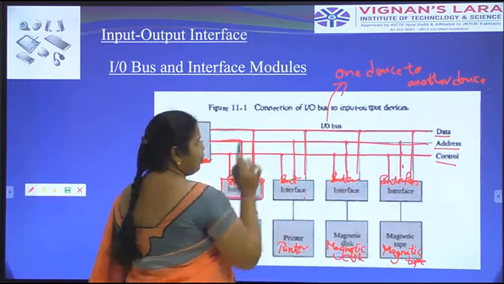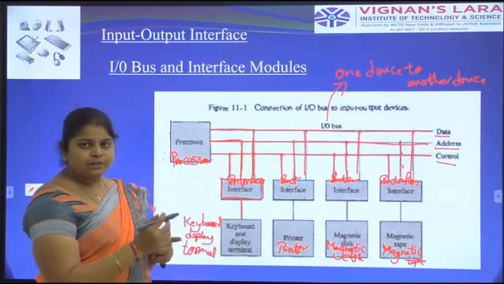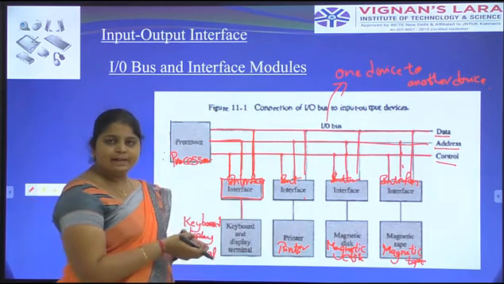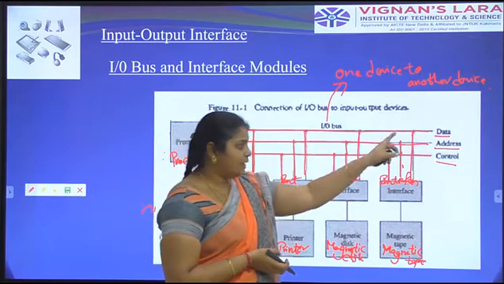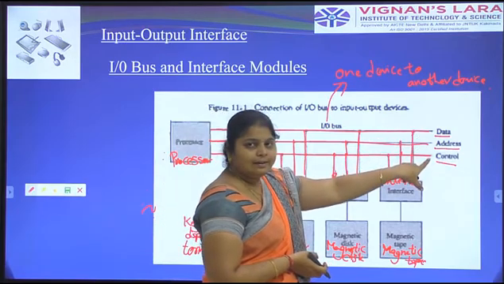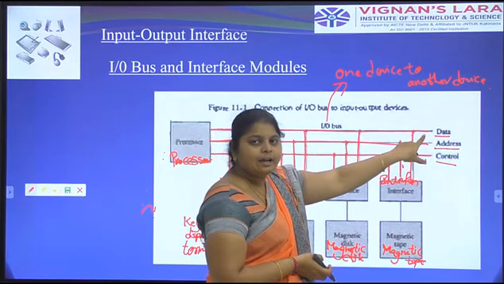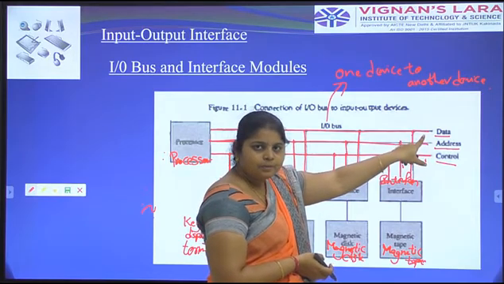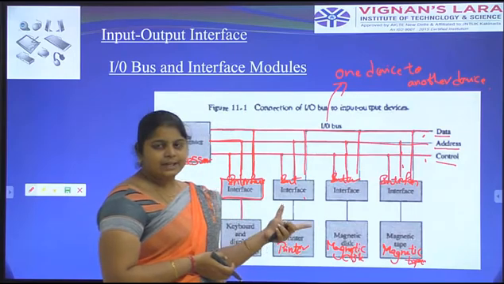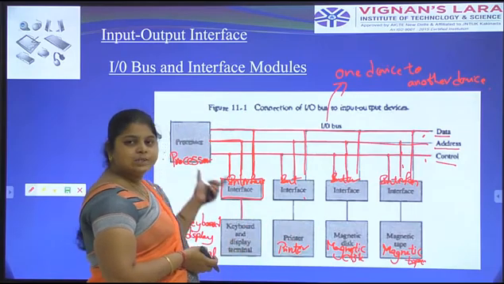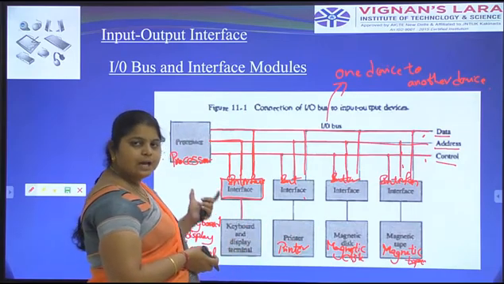Okay, what is the I/O bus? It transfers information from one device to another device. Okay, what is the data? We have to look at these lines, these terminals. The data line contains the information or data, which can be accessed from the input devices to the processor or CPU.